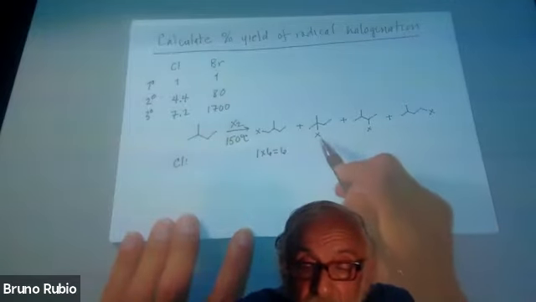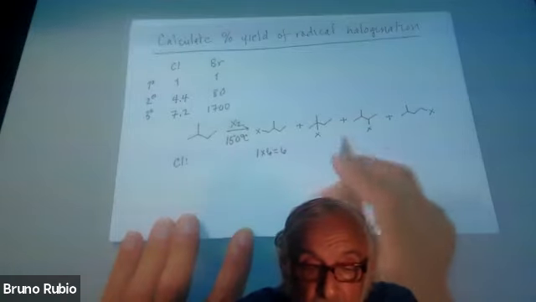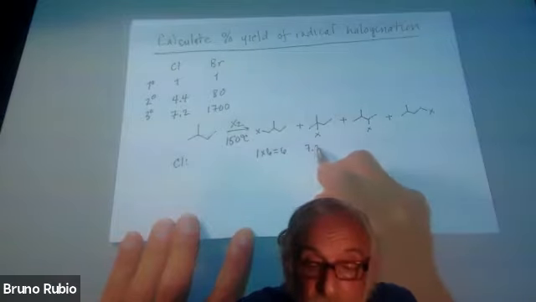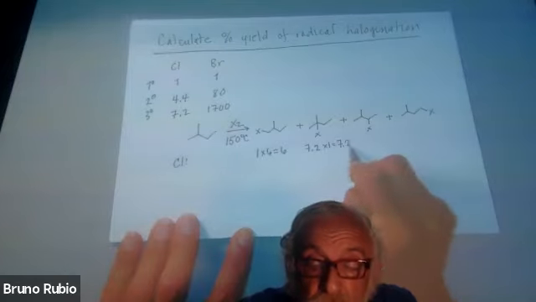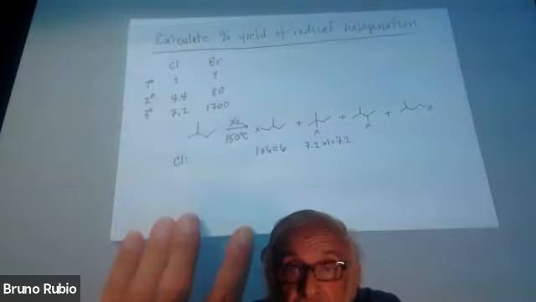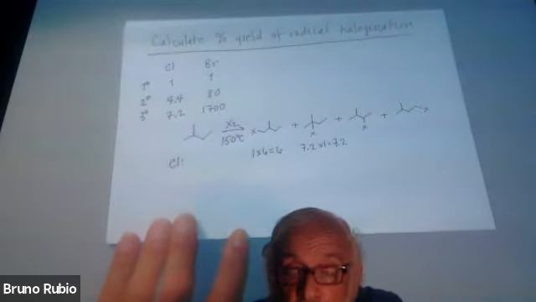Okay, so now here, this is replacement of a tertiary hydrogen that led to this product. For chlorine, the reactivity factor is 7.2, and there's only 1 such tertiary hydrogen, so the statistical factor is 1.